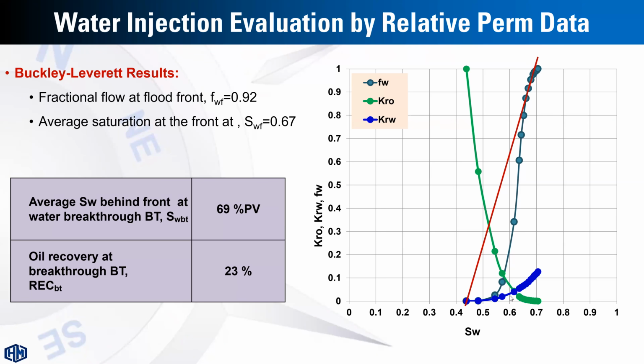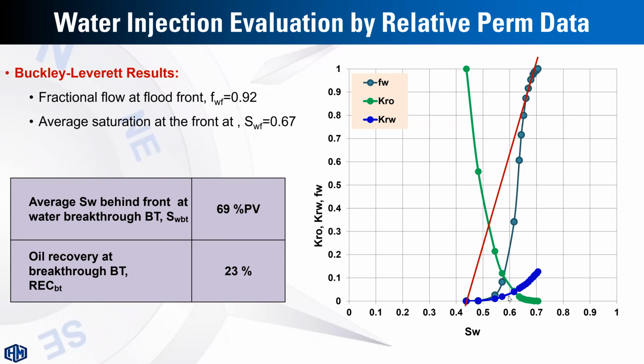So we have the raw relative permeability data average curves. This yellow color is KRW, and the green color is KRO. Here we have the fractional flow of water.